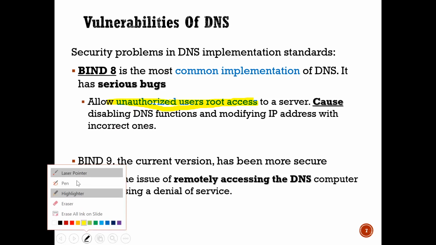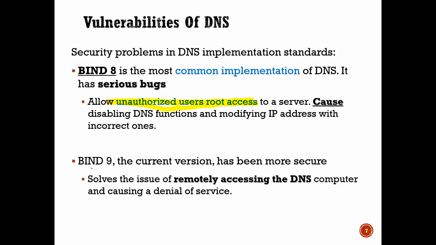Okay, so BIND 9 comes into place in order to ensure that a high level of security is implemented. It solves most of the issues that were suffered by BIND 8, especially when we talk about remotely accessing the DNS on the computer.